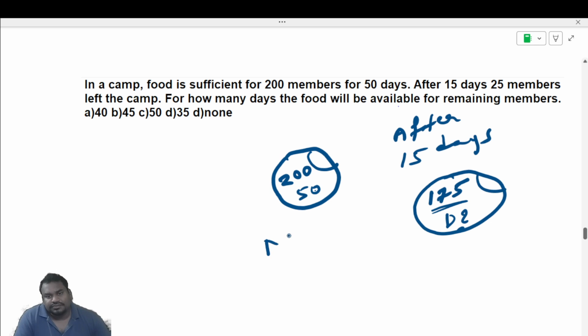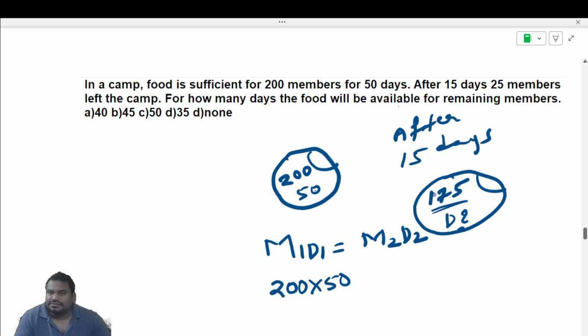For that I'll use the formula M1 D1 = M2 D2. Here one thing you have to remember. This food is sufficient for 200 members for 50 days. So it means the amount of food won't change. Whatever food I kept in the camp won't vary. If I kept 100 kgs of rice, then the same 100 kgs will be there always, even if 200 members are there, 300 are there, or 150 are there.